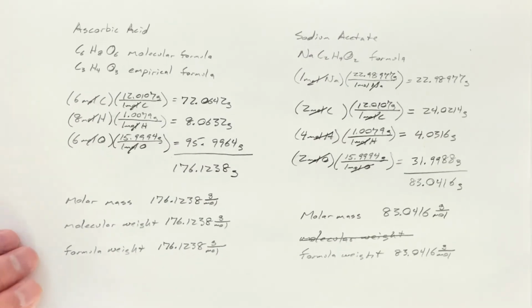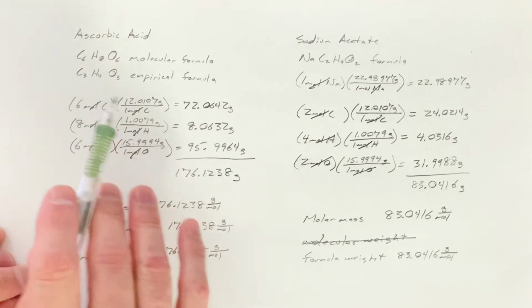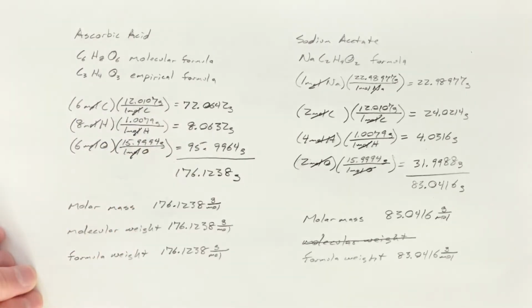Let's look at the percent carbon by mass. And we are saying by mass, so our units of the part and our units of the whole must be in grams. When we looked at ascorbic acid previously, we determined that 1 mole of ascorbic acid contained 72.0642 grams of carbon.